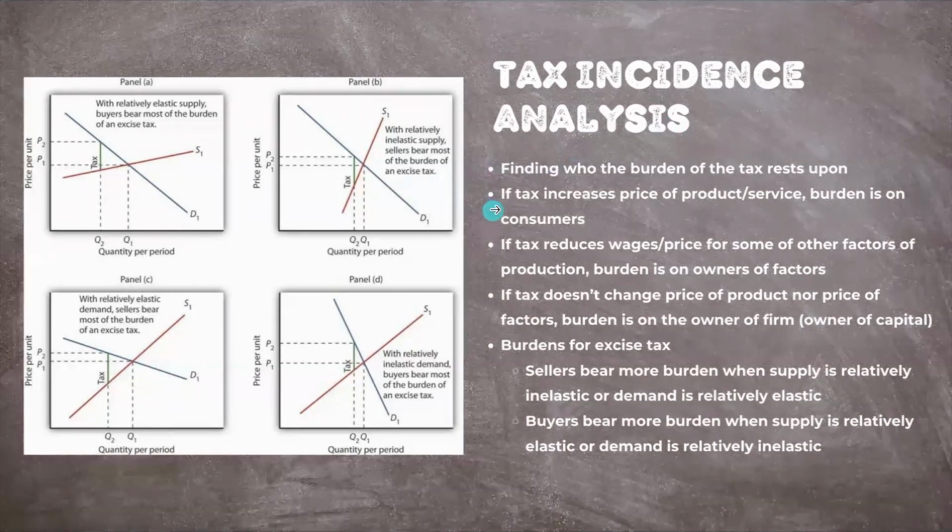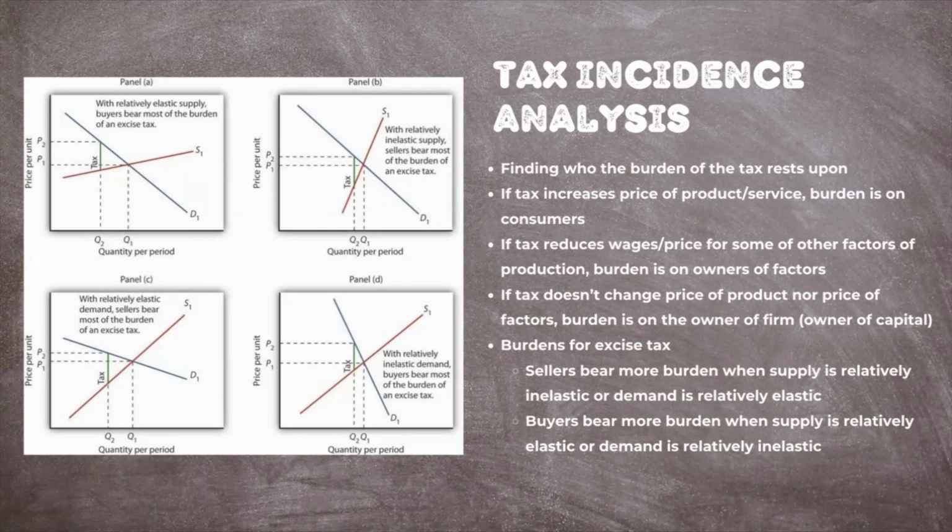So if a tax increases the price of a product or service, then that means the burden of that tax is on the consumers. If a tax reduces wages or the price for some factor of production, then the burden is on the owners of the factors of production. And if the tax doesn't change the price of the product nor the price of the factors, then the burden is on the owner of the firm or the owner of the capital.